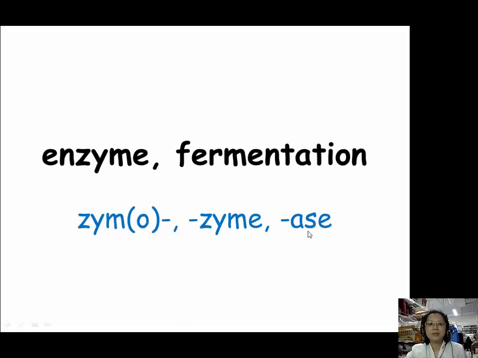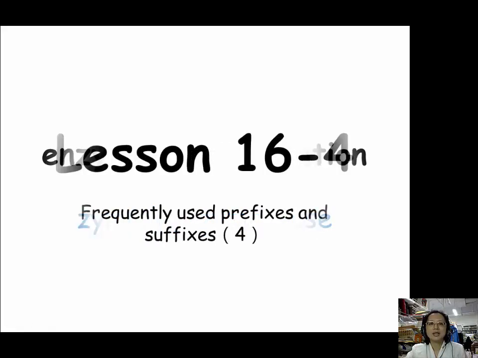And remember, we talked about how to name your enzyme last time. Now let's move to the fourth part of lesson 16, which is still the frequently used prefixes and suffixes.